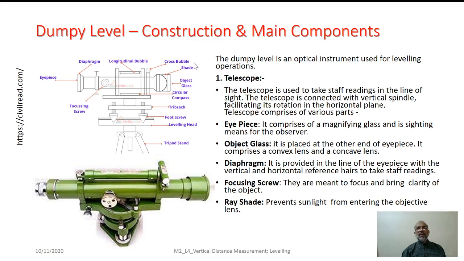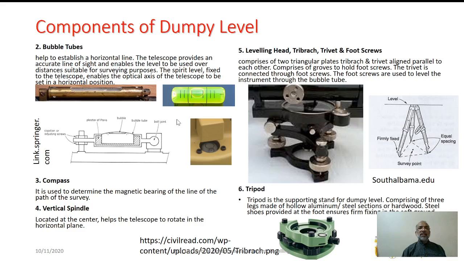In order to avoid the direct entry of the sun rays, it is also provided with a ray shade. Some dumpy levels are equipped with a circular compass, which also facilitates observing the bearing of the survey lines. It is an additional feature. It is not an essential feature as far as the level is concerned.